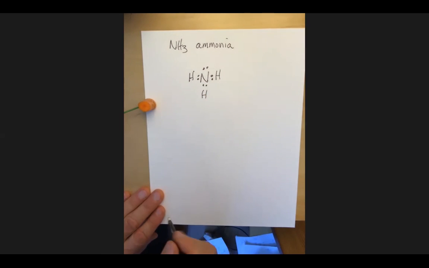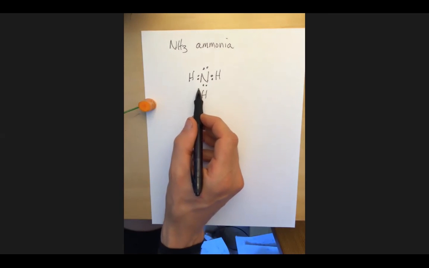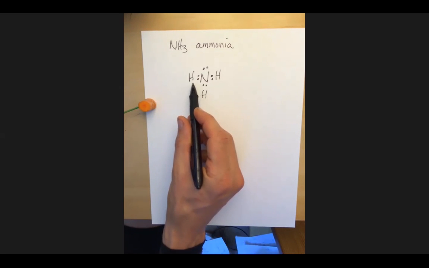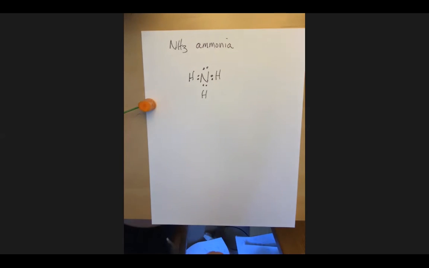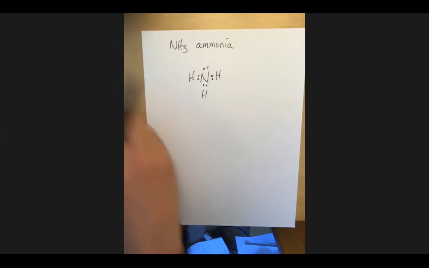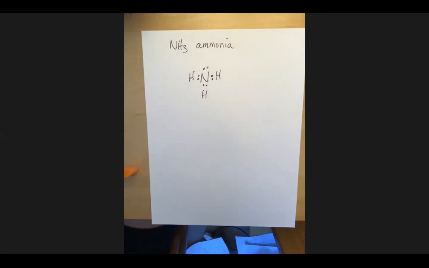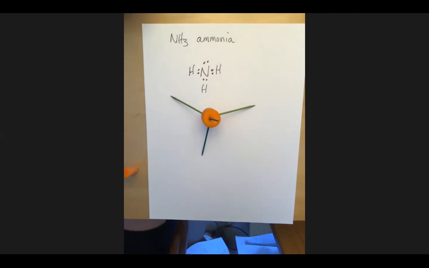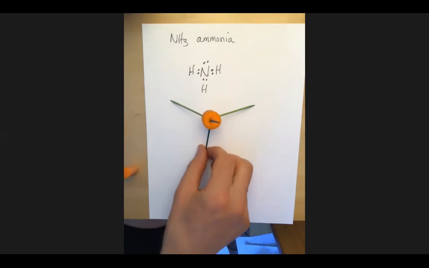The nitrogen has all 8 of its electrons. It's nicely satisfied. The hydrogens are nicely satisfied with their 2. And so surrounding that nitrogen are 4 pairs of electrons. Here are my 4 pairs of electrons.